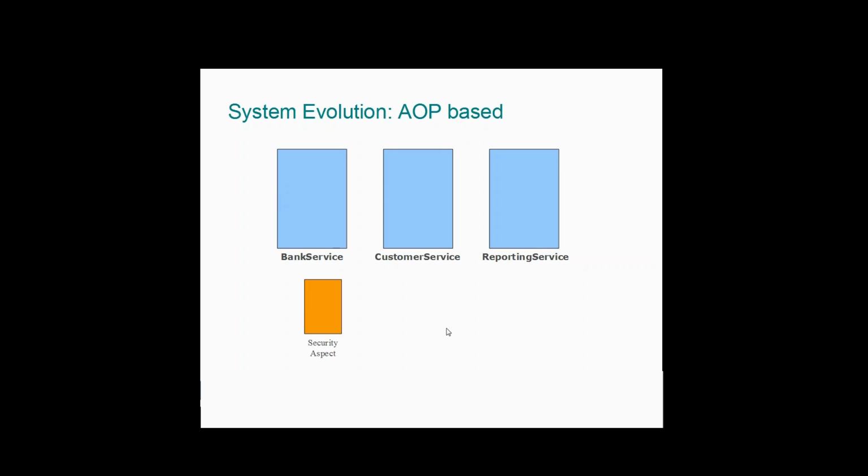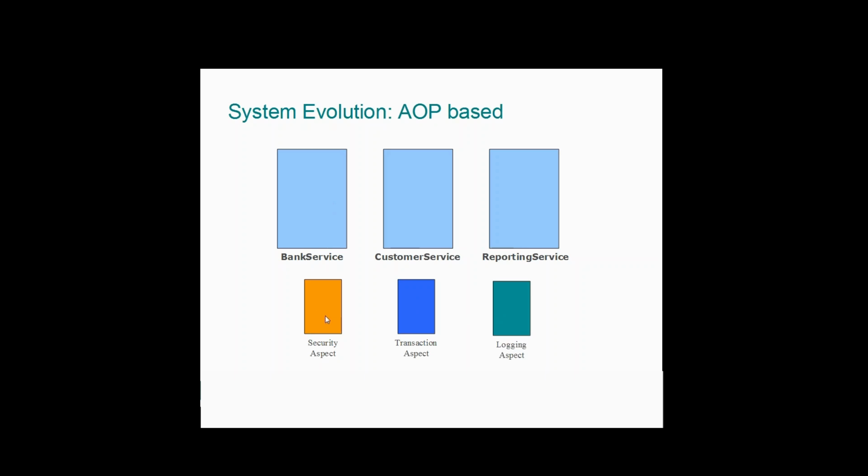Similarly, when you want to add transactional behavior, you write a separate class or aspect to insert it at the right place. And the same for logging aspects. So now if you look at it physically, I have different classes, each having separate aspect logic.